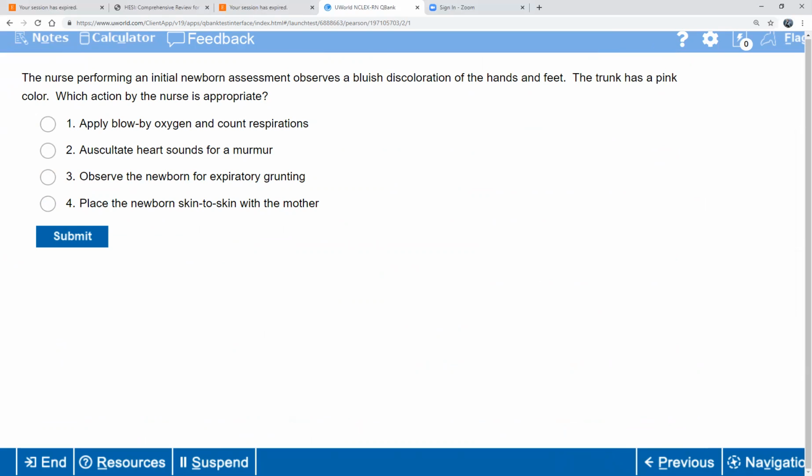Because in a newborn, the bluish discoloration is okay. Pink. Okay. Yeah, I'll say so. Okay, so tell me why you would do 4 and what it's called.